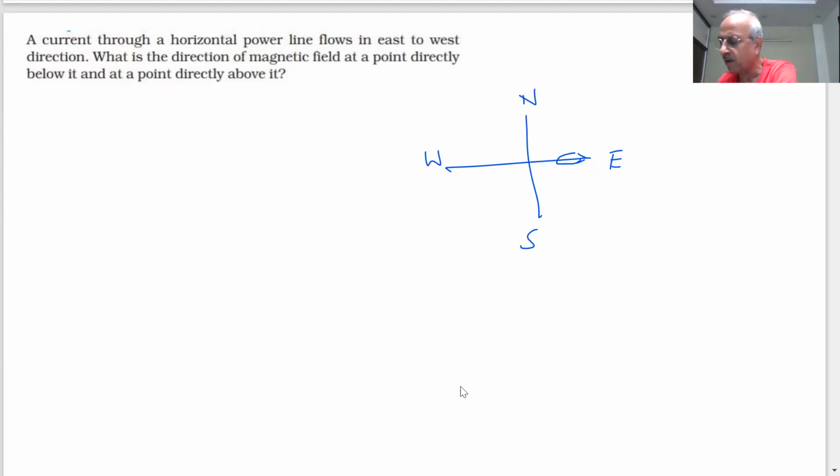This is the only rule you know to find which direction they are coming.